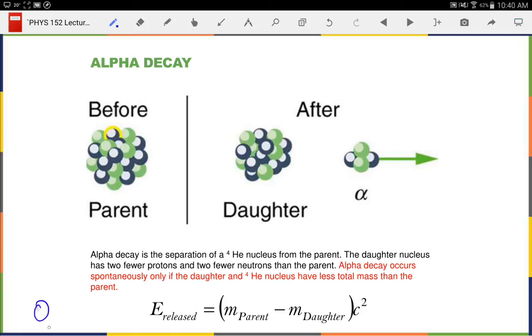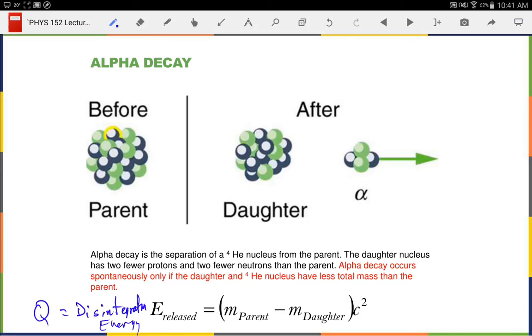Most textbooks I've used use Q for this. But that energy released is the mass of the parent minus the mass of the daughter times c squared.